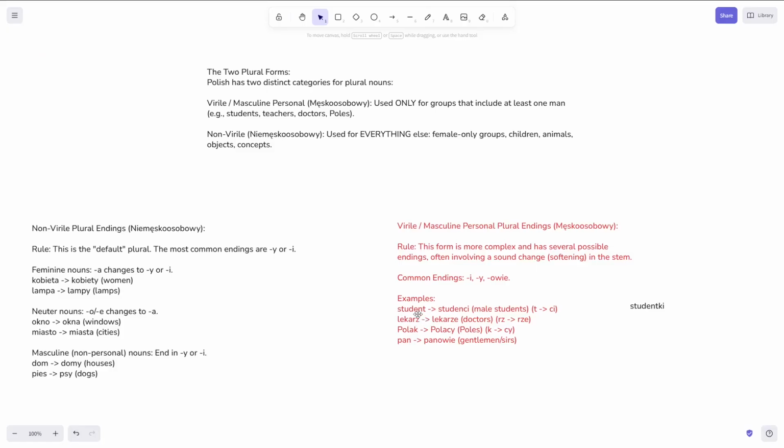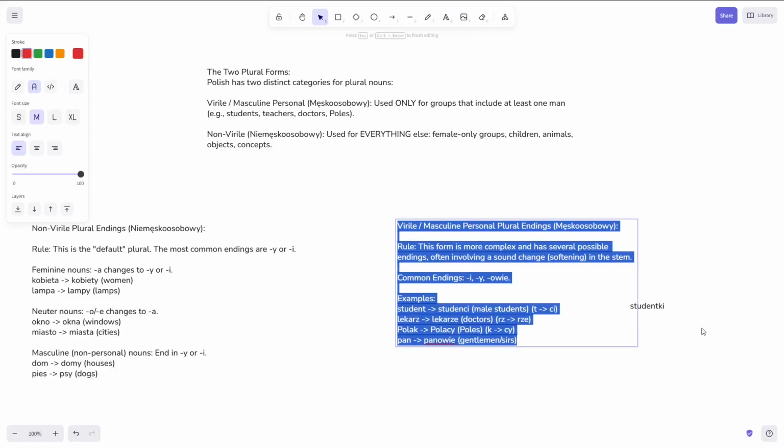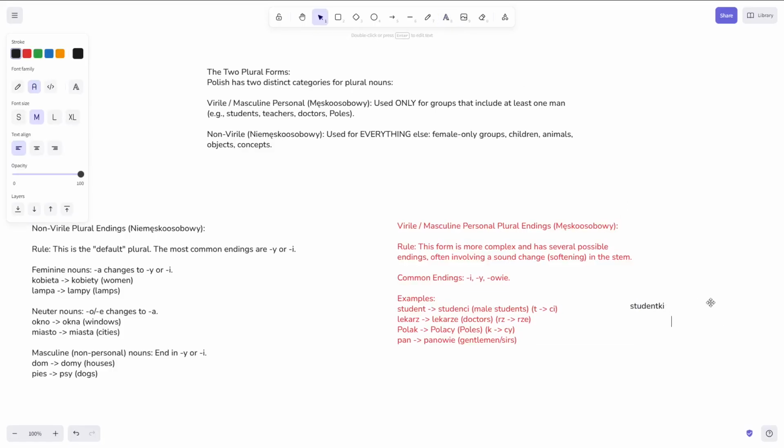Same with doctors. So a singular lekarz. When you have multiple, lekarze. Okay? So when we have a group of female doctors, you could kind of say lekarki. Okay?